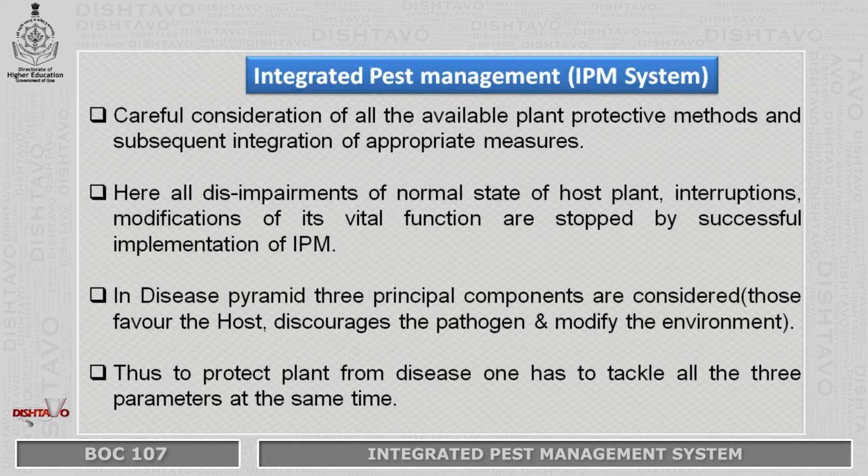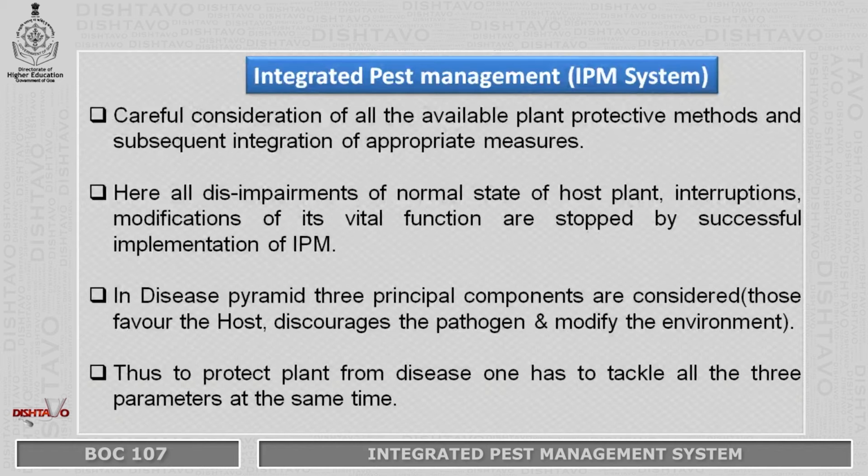Under this system, careful consideration of all the available plant protective methods and the integration of appropriate measures are done. All the impairments of the normal state of the host plant, their interruption and modification of vital functions are stopped by using the implementation of IPM.